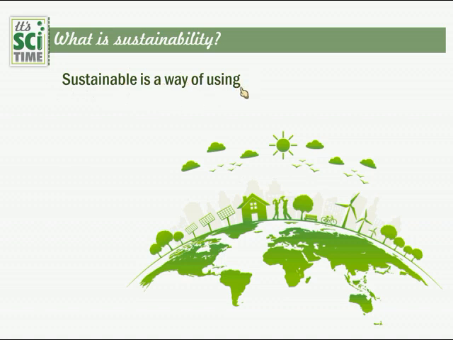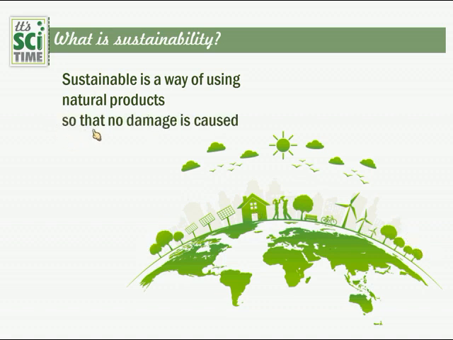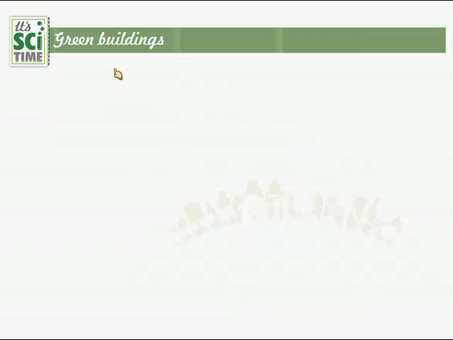Sustainable is a way of using natural products, the naturally existing things, maybe things taken from the atmosphere, or from the ground, or from the living things, so that no damage is caused to the environment. Reducing the damage or with minimum damage to the environment. How to use these natural products? It's sustainability. Right, let's move on to the next.